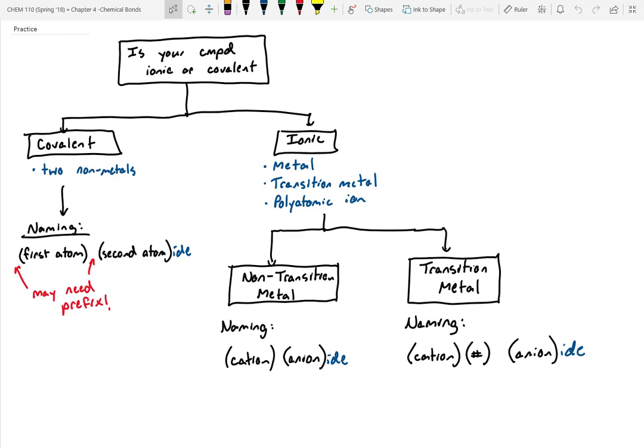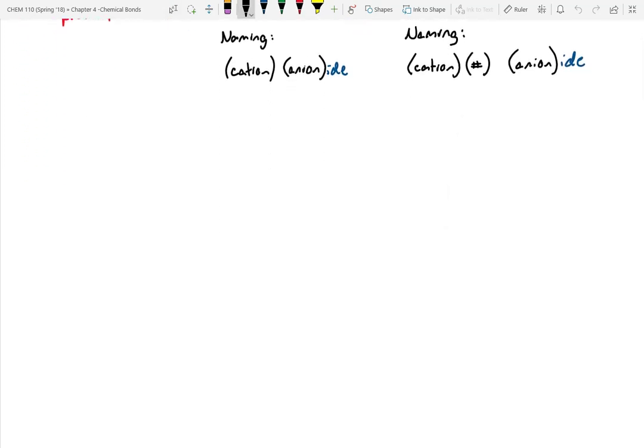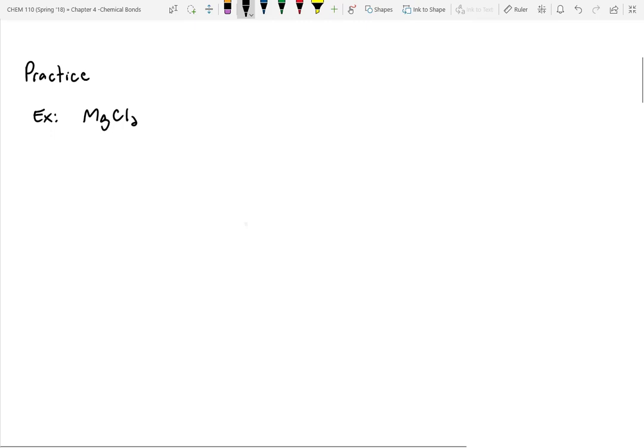So let's do a few practice ones. What I want to do is go from a molecular formula to a name. We'll do MgCl2 for our first one.